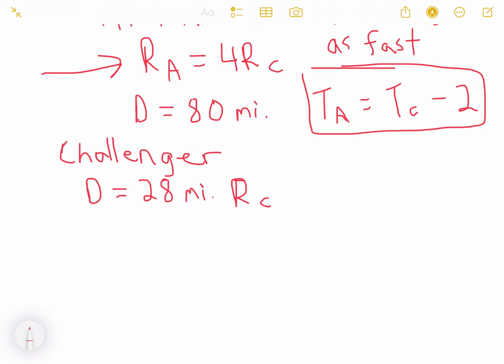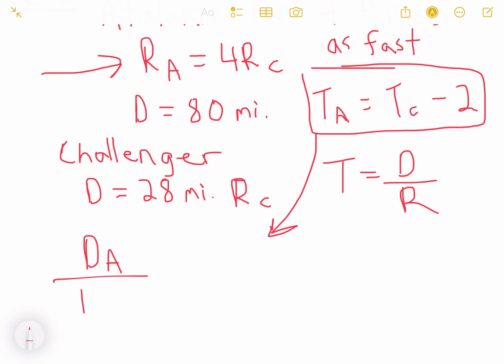Well, what do I know about time? Time is distance over rate. So if time is distance over rate, let's try to apply this down here. And say, okay, well, time of Atalanta must be distance of Atalanta over rate of Atalanta.